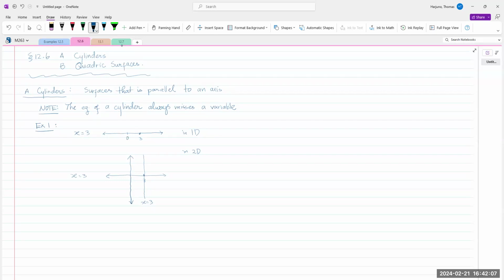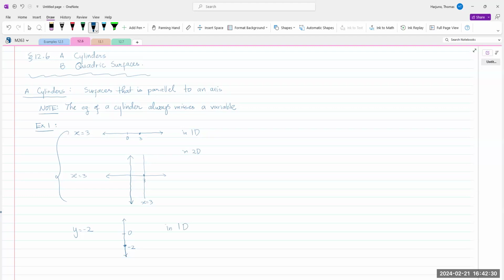For example, another one: if we have y equals -2, if you have a y-axis and this is 0, then that's a point 2 units below 0, right? That's in 1 dimension.